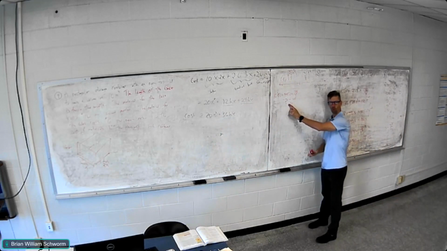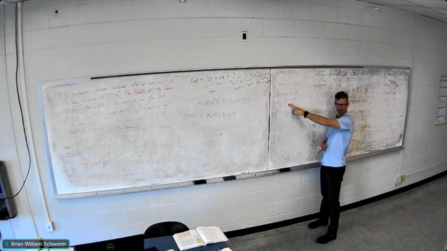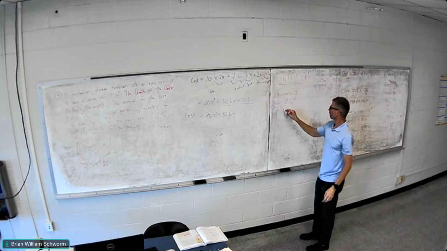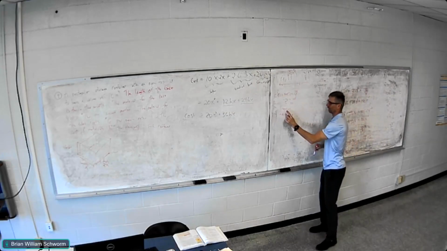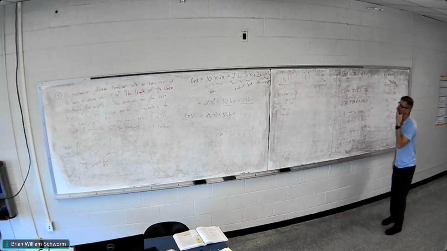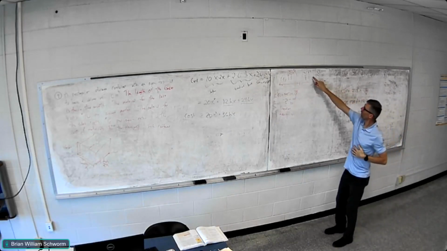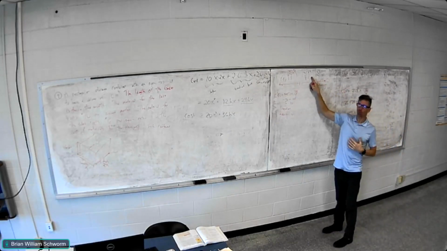But again, all that really matters is whether it's positive or negative. And this is negative, which means the function is decreasing. Over here, most likely it's now increasing, but I'm going to test to make sure.